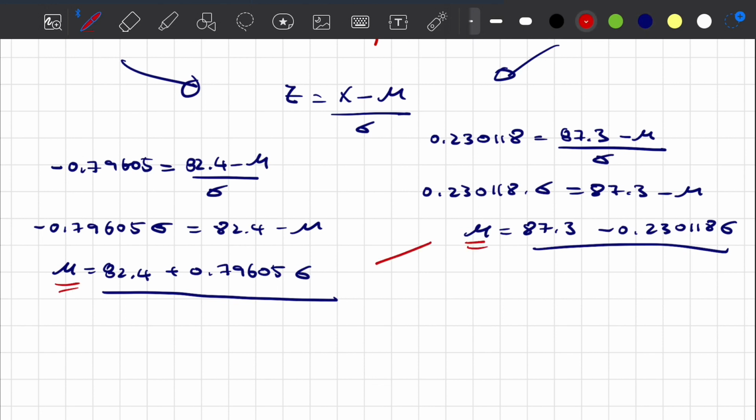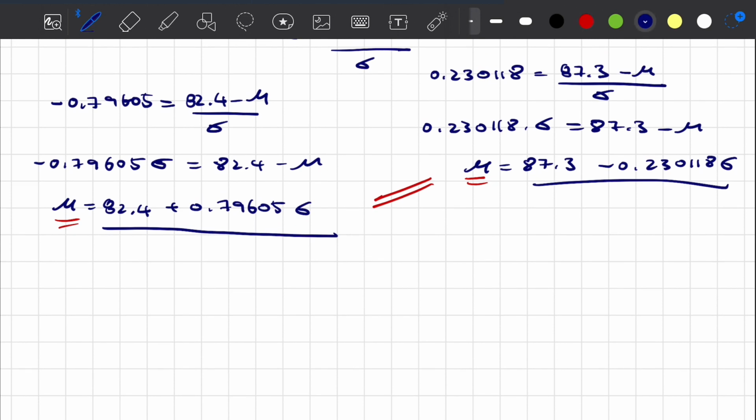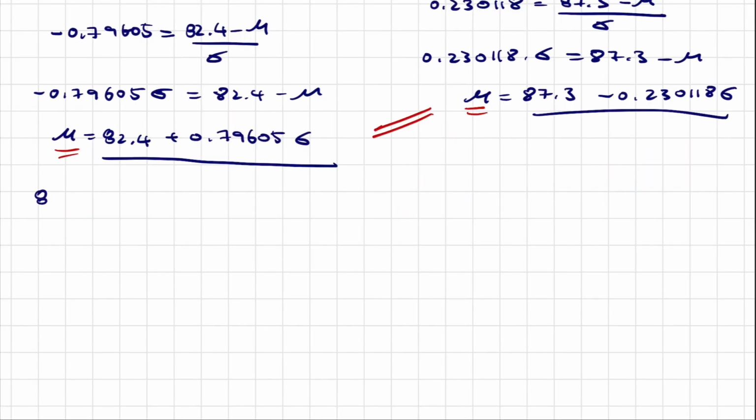Then we can set these two equations equal to each other. Then we do 82.4 plus 0.79605 standard deviation equals 87.3 minus 0.23018 standard deviation.